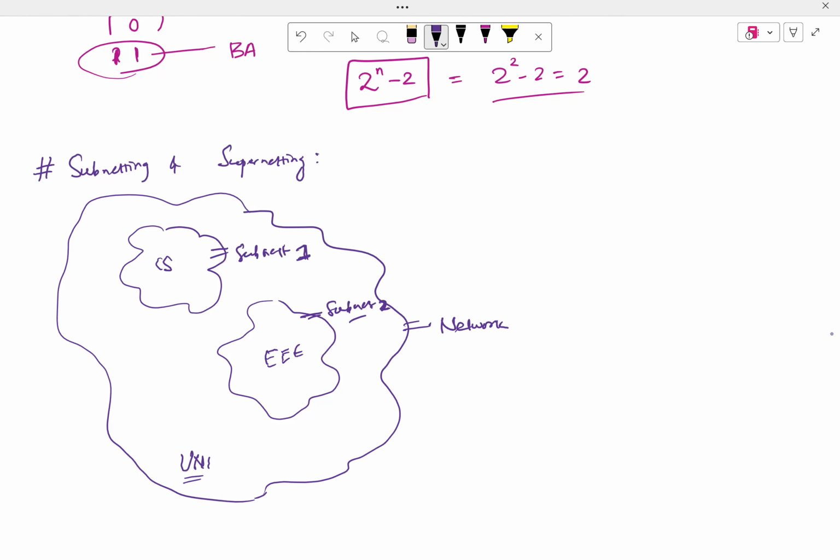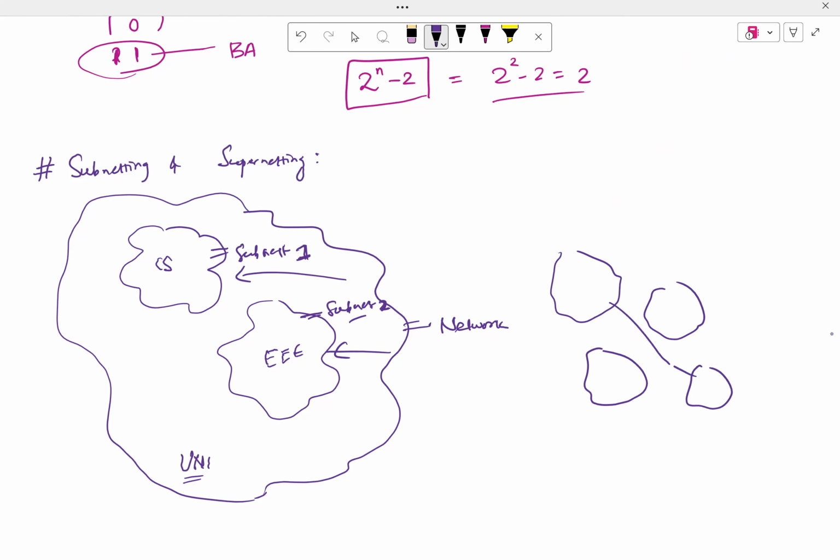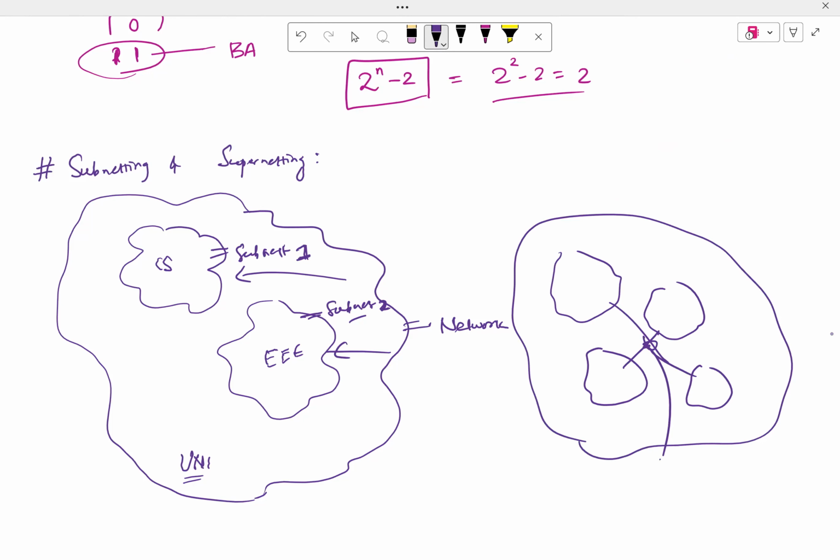If you are splitting your network into different networks, this is called subnetting. When you are combining different networks to form a bigger network, it is called supernetting.